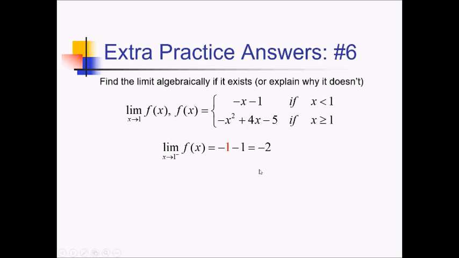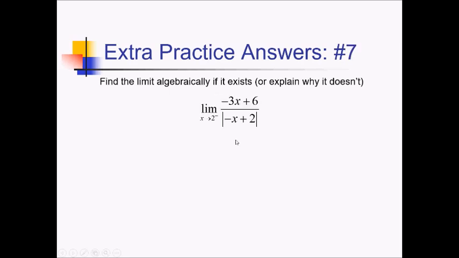And then for the right-sided limit at 1, that's going to be using this greater than 1 rule. So we have negative 1 squared plus 4 times 1 minus 5. So this is negative 1 plus 4, which comes out to 3, minus 5 comes out to negative 2. Since the left and the right-sided limits are the same thing, that means the overall two-sided limit will also be negative 2.